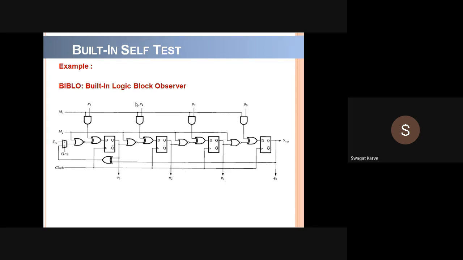For example, if you apply M1 and M2 with a certain combination, then this same circuit can behave as a linear feedback shift register. If you apply certain other combinations to the M1 and M2 pins, the same circuit will get reset. And as you have only two pins, a maximum of 4 combinations can be applied.